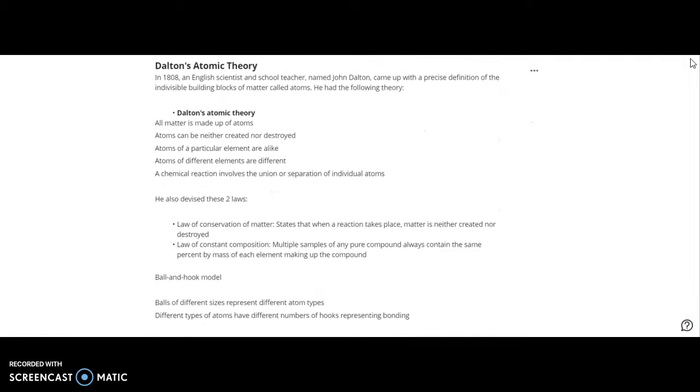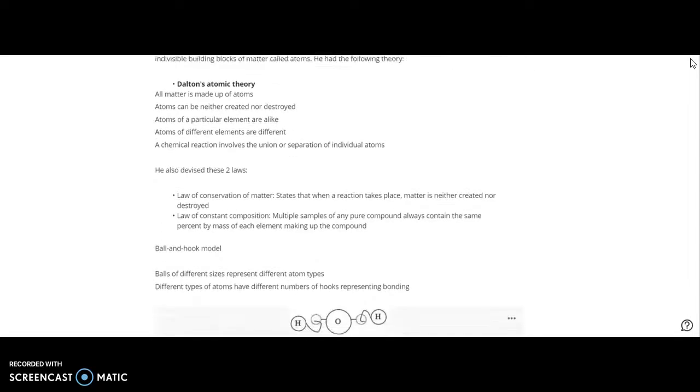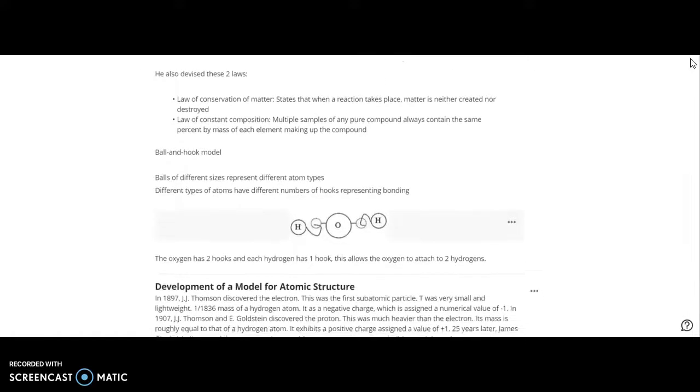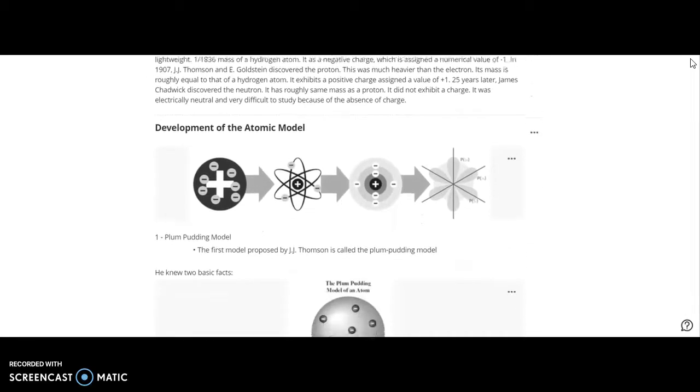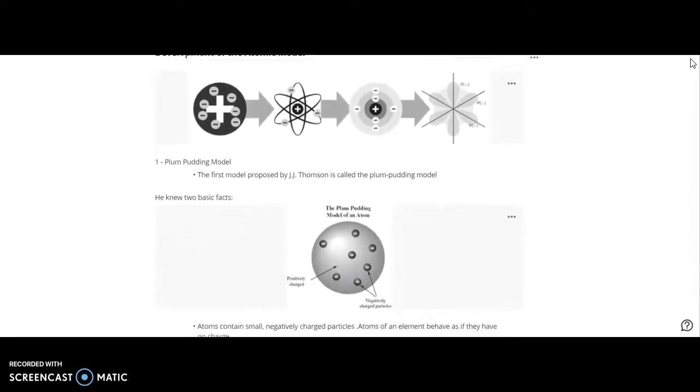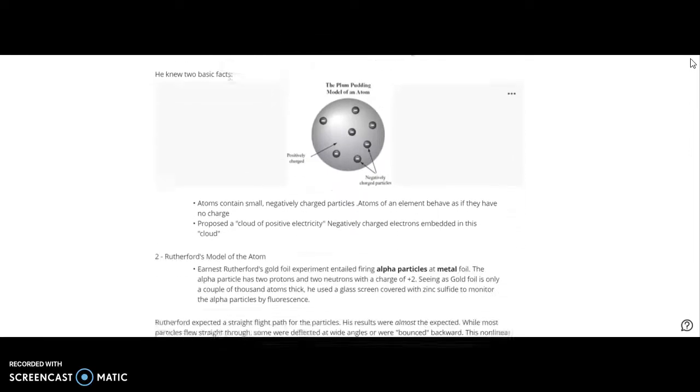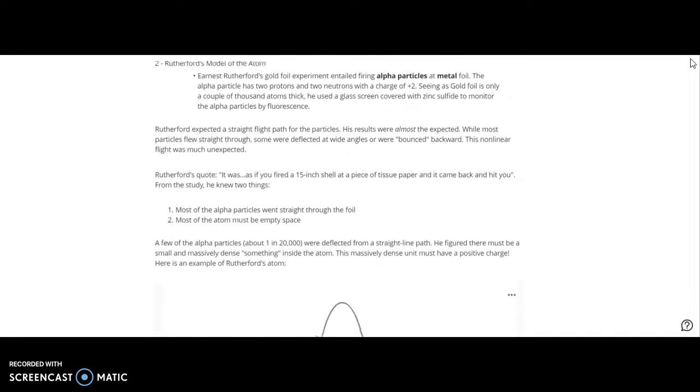The next topic is Dalton's atomic theory, and we look at a couple different laws that he has. We look at the development of the different atomic models, such as the plum pudding model, Rutherford's model.